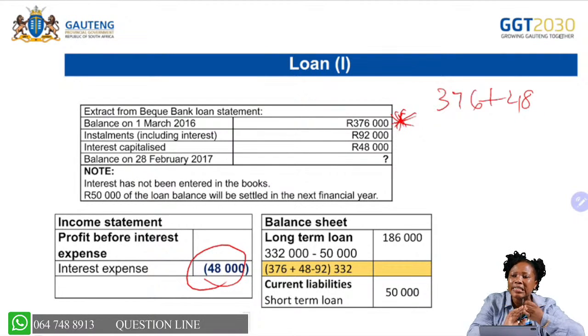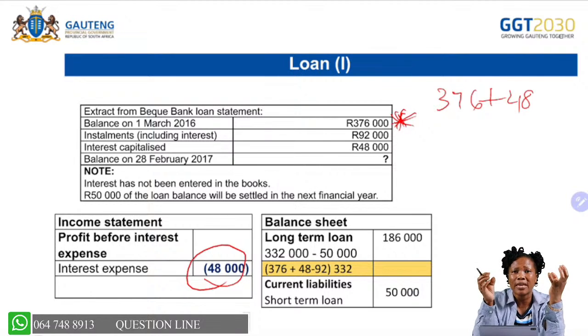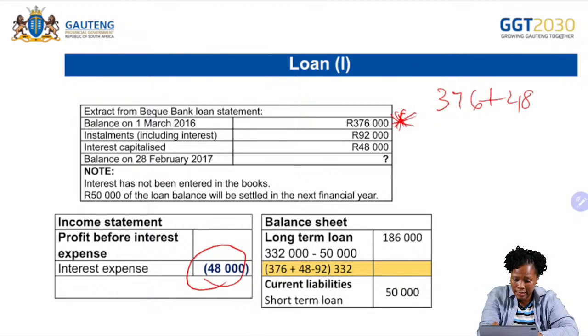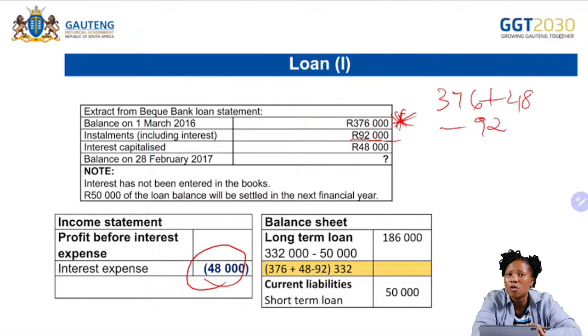It's going to be 376 plus 48. All right? And then once you are done with that part, you will take out this 92,000. You must take it out so that now you get the correct balance.